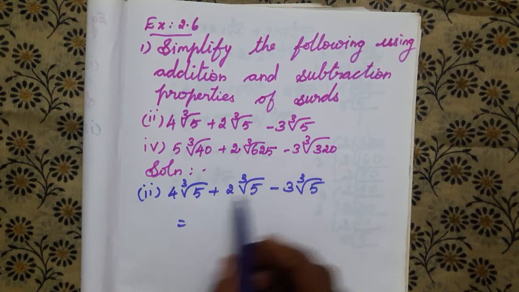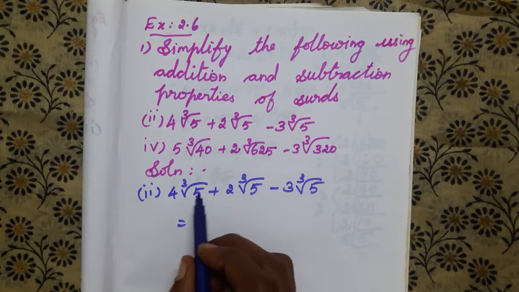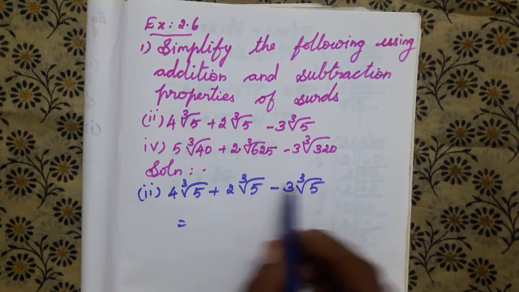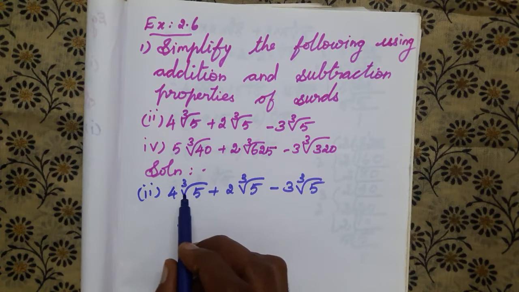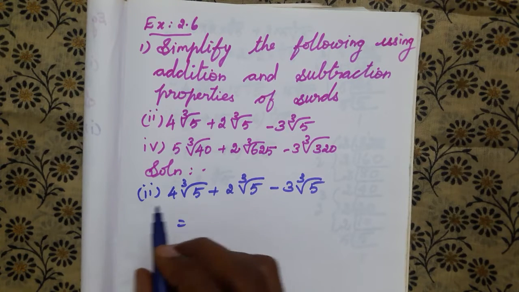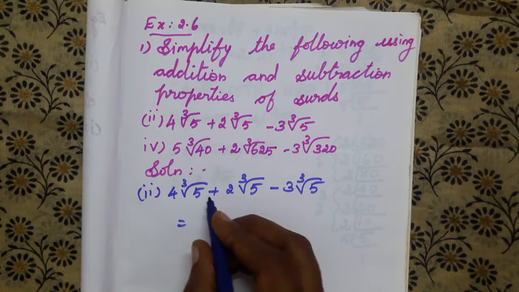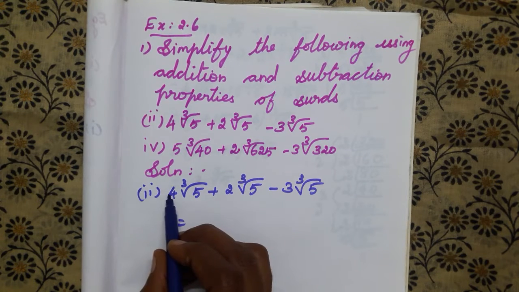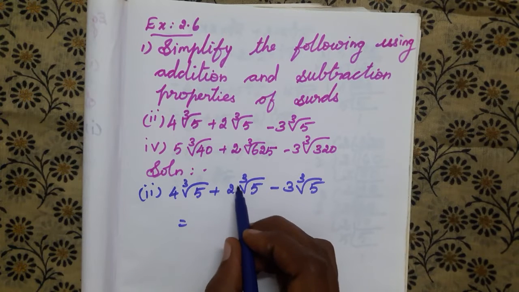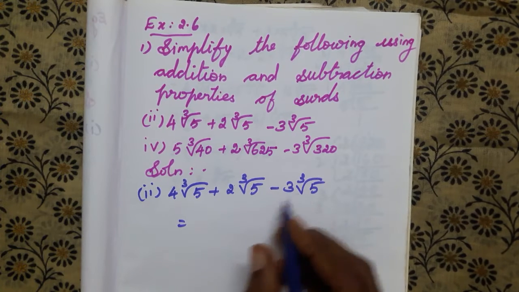3, 3, 3. What's the radicand? 5, 5, 5. So this 3 is also alike, so we can add or subtract. What's the coefficient of this? Coefficient 4. Here coefficient is 2. Here coefficient is 3.